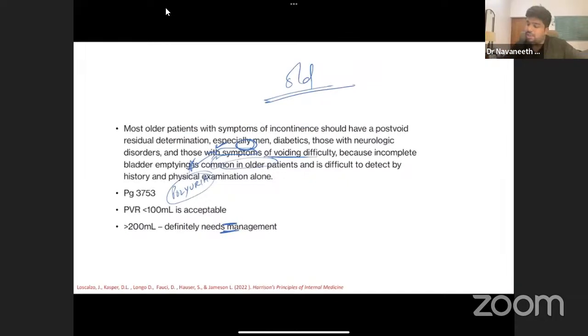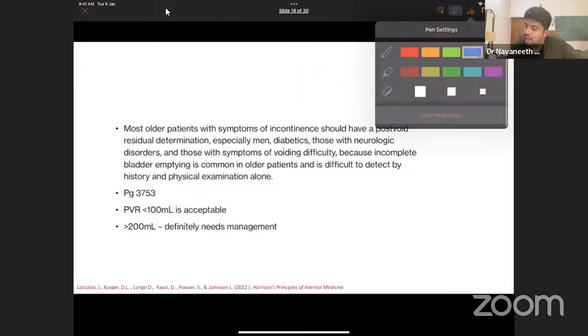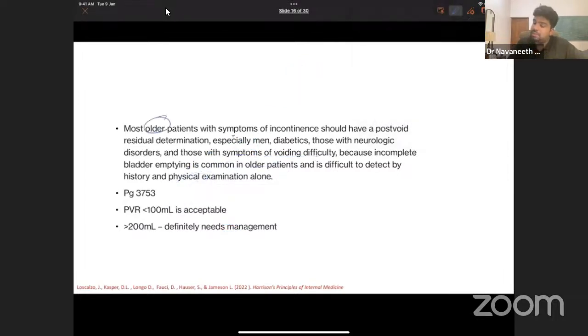Most older patients with symptoms of incontinence should have a post-void residual determination. This is an important point that I have picked up from Harrison's. Harrison's is actually recommending a PVR estimation in old patients with incontinence, especially men, diabetics, those with neurological disorders, and those with symptoms of voiding difficulty.